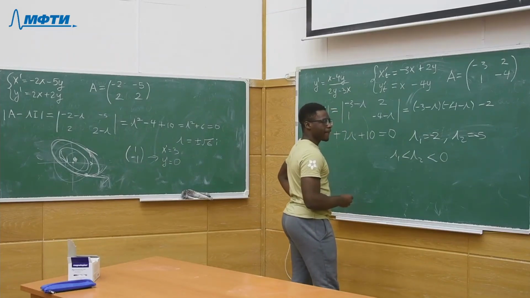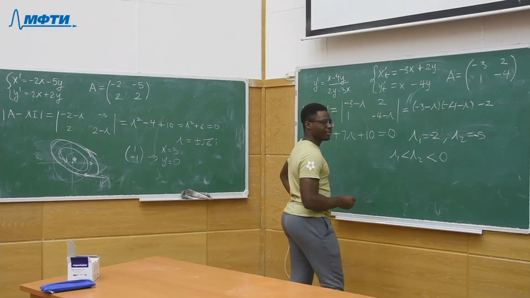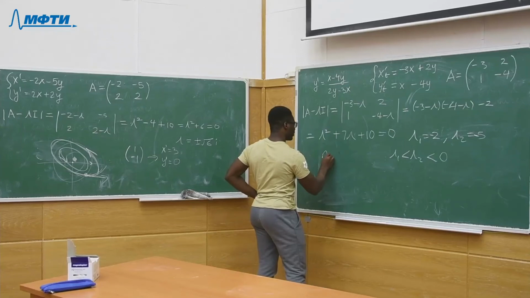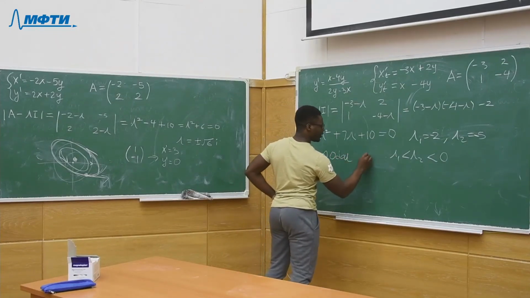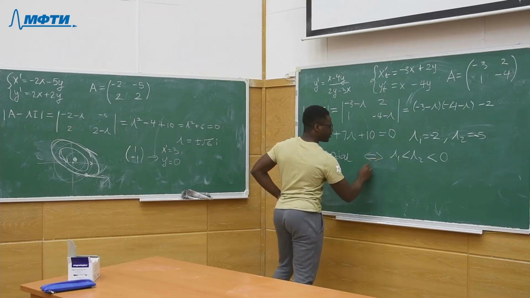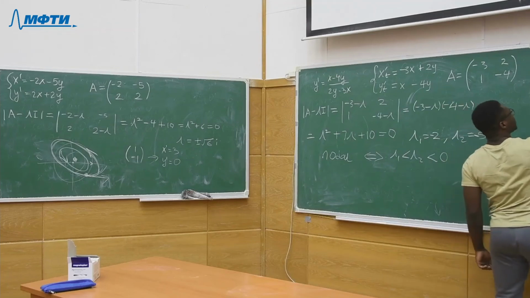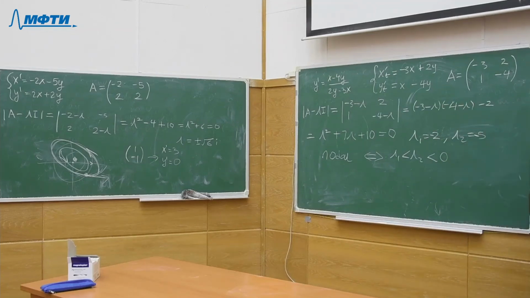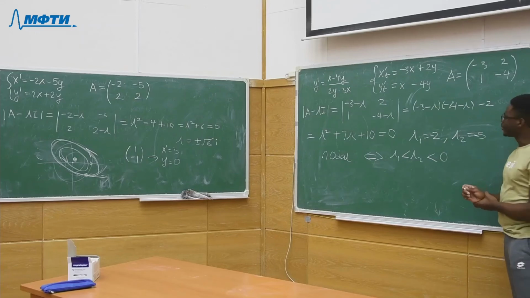For a saddle, we have two different signs, and the same sign is for the first case, a nodal source or nodal sink. Since they are negative, it is a nodal sink. So we need eigenvectors.